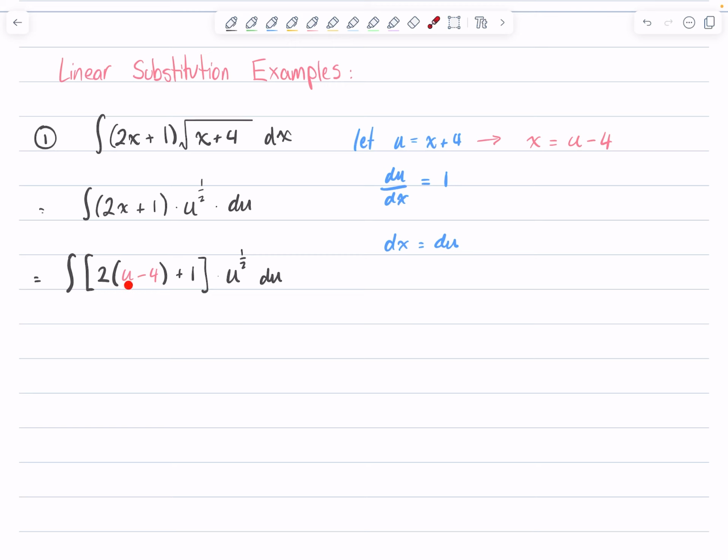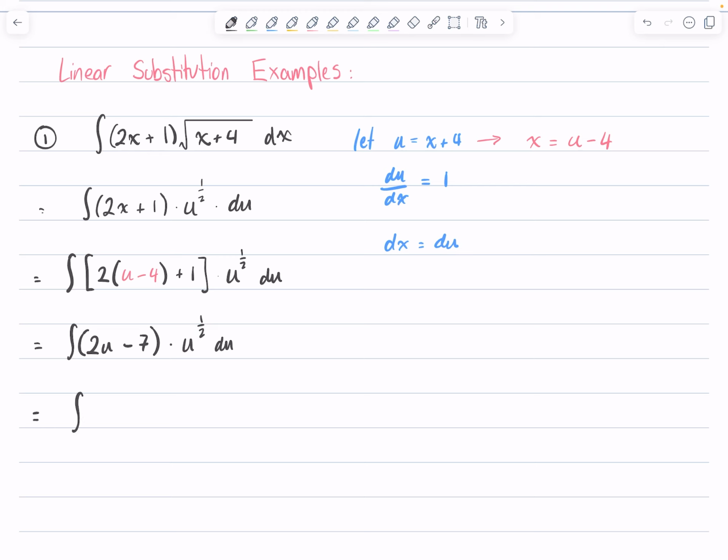And now I'm going to do this expansion here. 2 times u is 2u, of course. And we're going to have 2 times negative 4, which is negative 8, plus 1, which is just negative 7. And then we're having all of that multiply with u to the half. And we're going to distribute this u to the half to both of these terms.